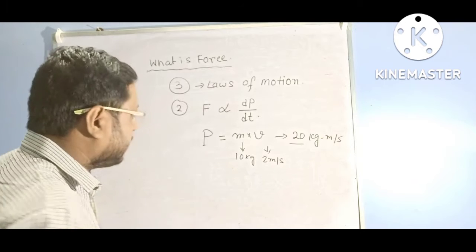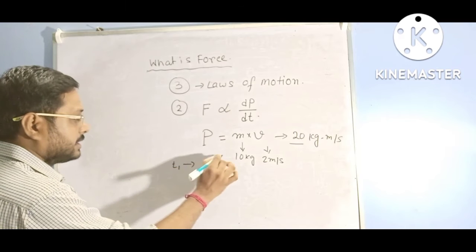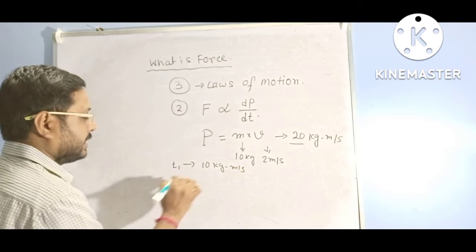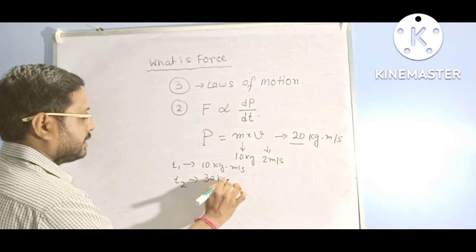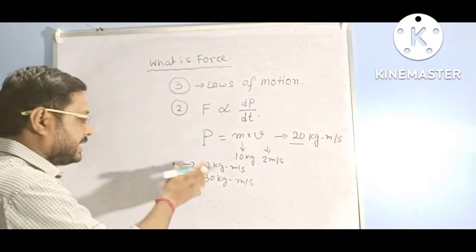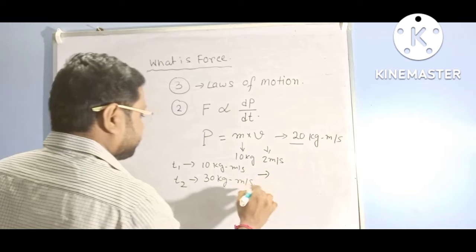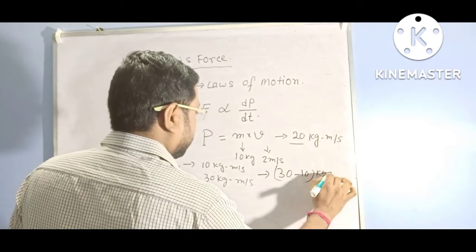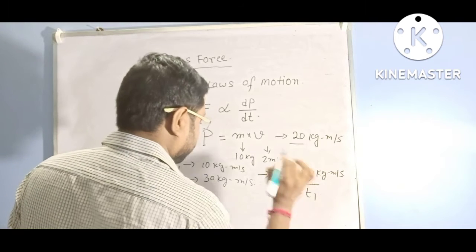Now, if a particle has momentum at t1 second, suppose 10 kg meter per second, and at t2 time the momentum is 30 kg meter per second. Therefore, the change in momentum between this time is given by 30 minus 10 kilogram meter per second divided by the time interval, that is t2 minus t1.